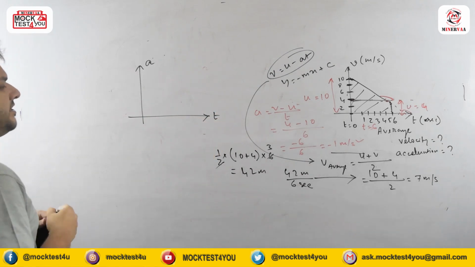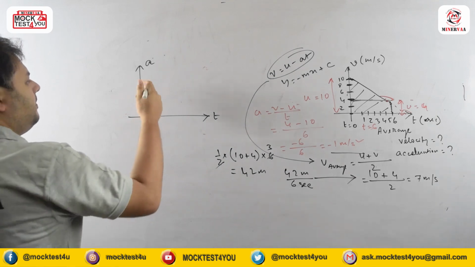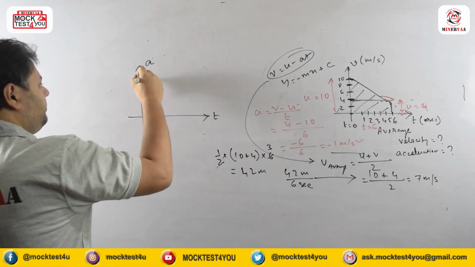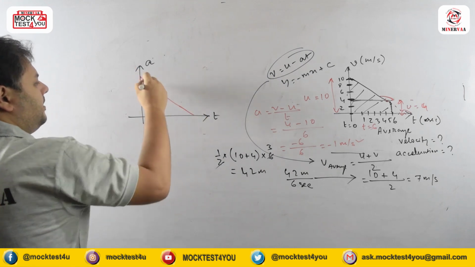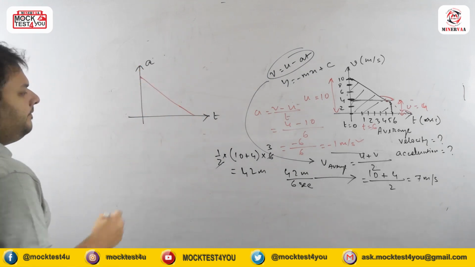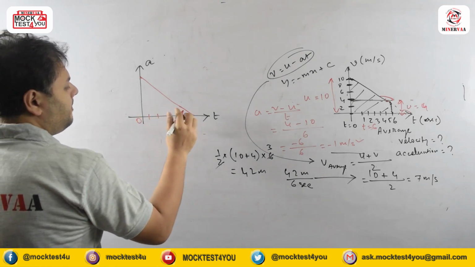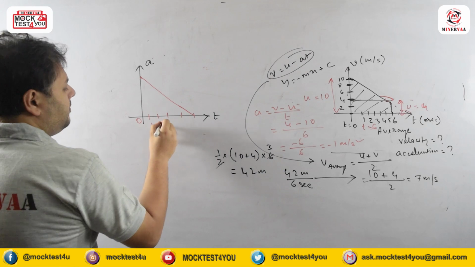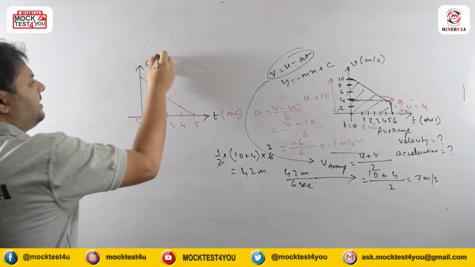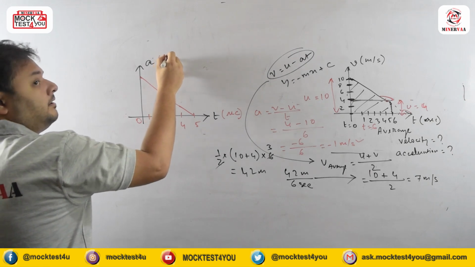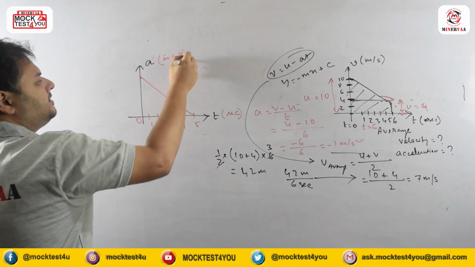If there is an acceleration time graph and we need to have this kind of approach of this graph, where this is the origin, so time is given in seconds and acceleration is given in meter per second square.